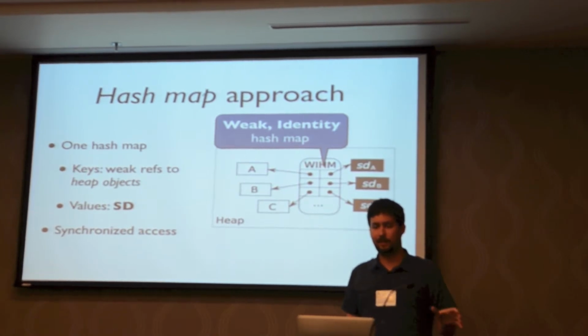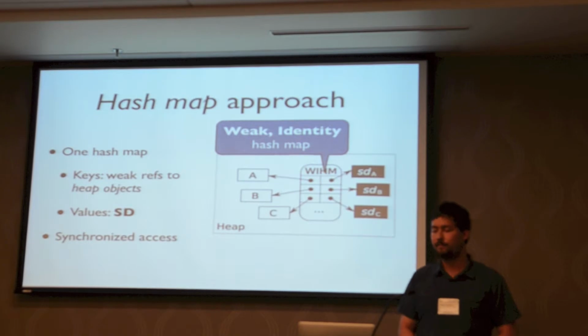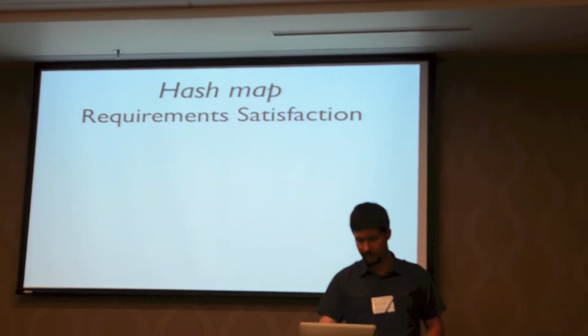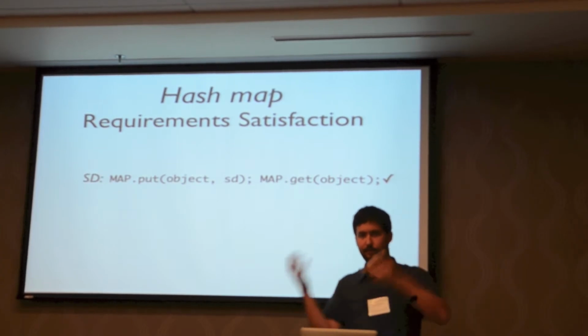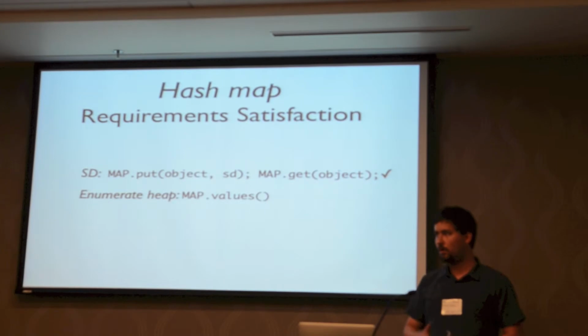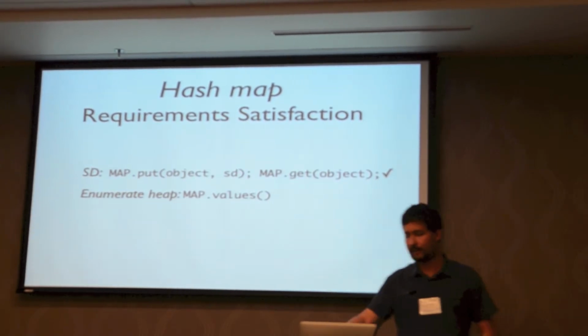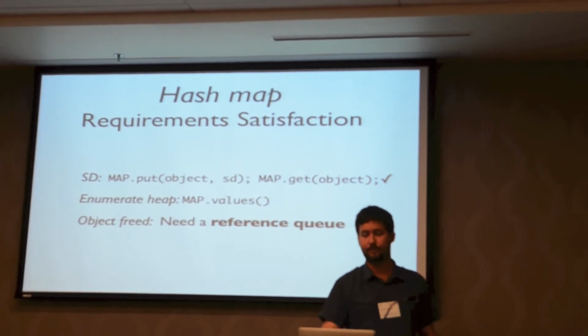It might be implemented incorrectly. So you need to be using in your hash map really the system identity hash code. Yeah. So put and get deal with the storage and the retrieval of the shadow data. Map values gives you all the objects that you're tracking. Beautiful, perfect. And you still need a reference queue.